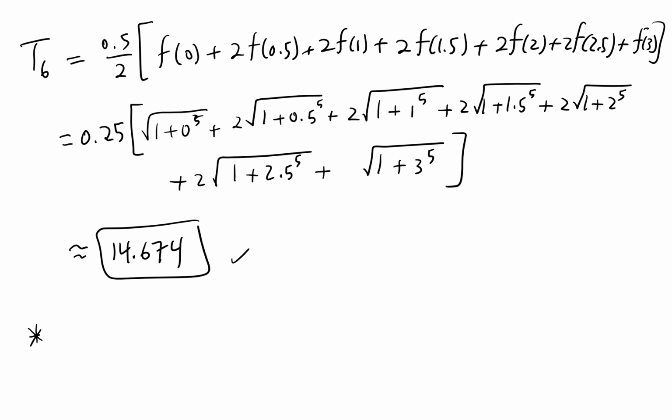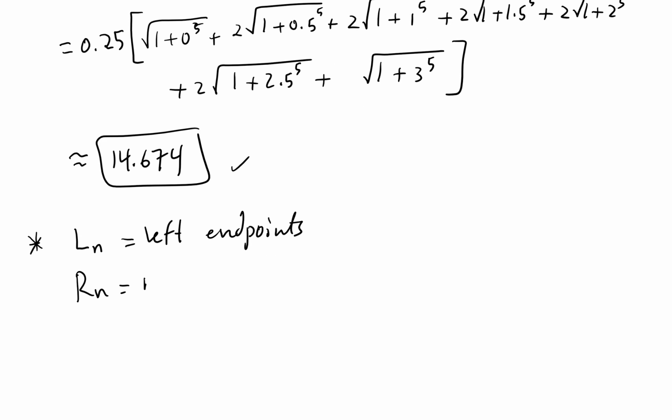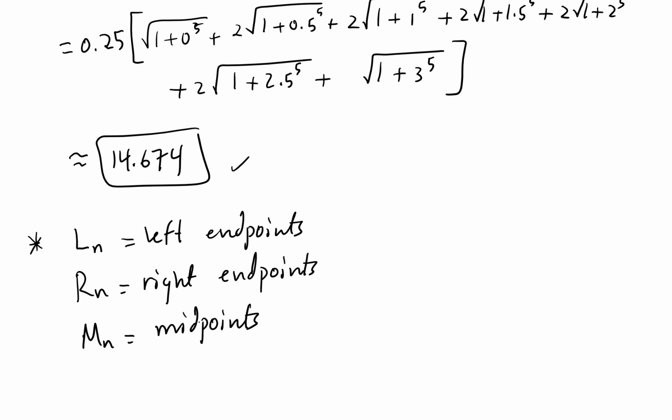So in general, we learned Ln for the left endpoints, Rn for the right endpoints, Mn for the midpoints, and Tn for trapezoidal.